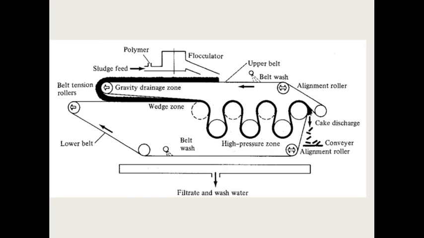So what is the process to convert the sludge into energy? First, the sludge from wastewater is collected, then thermal hydrolysis, which is a thermal treatment. Next, anaerobic digestion of the sludge, in which we produce biogas.